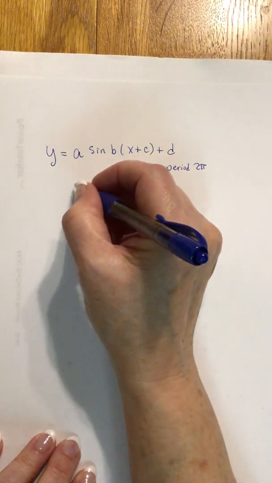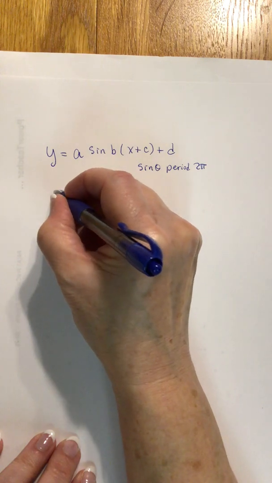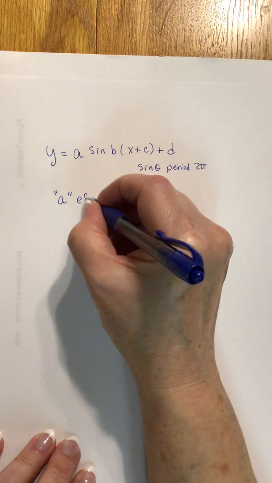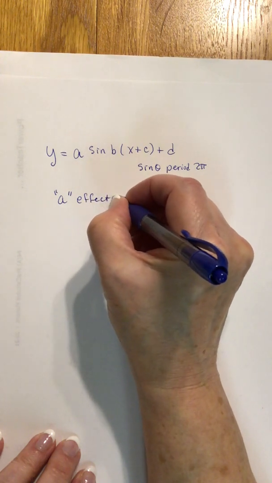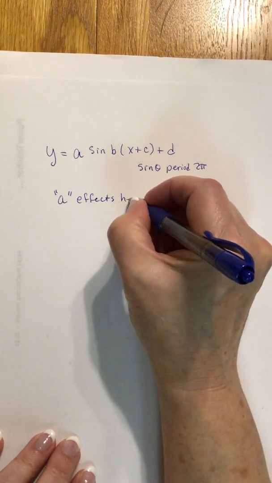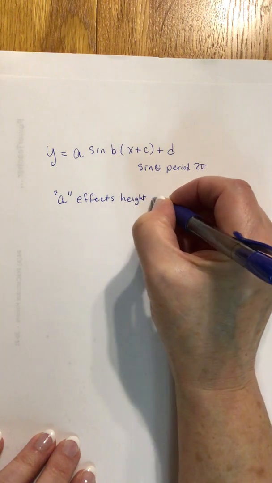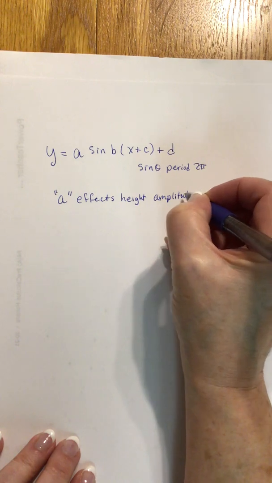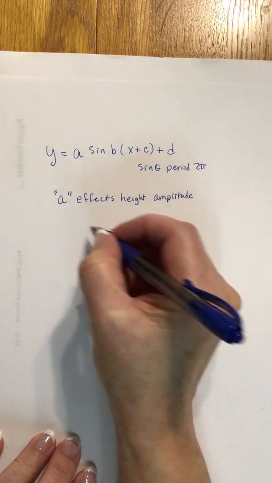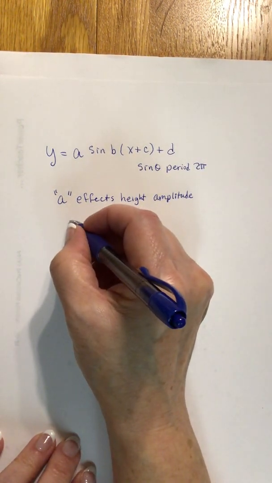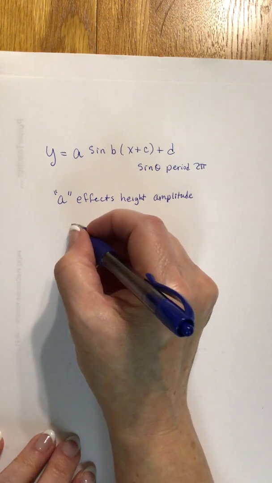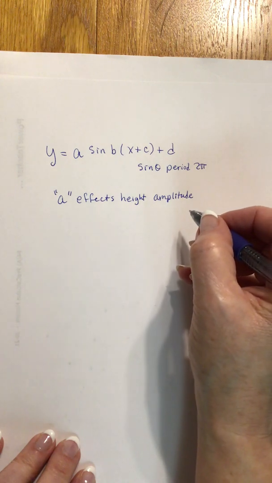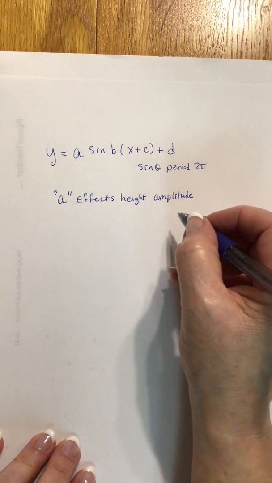So we're going to start out with the a. This is the number that's out front. So the a affects the height, and this is called the amplitude. It also, whether it's a negative or a positive a, determines whether it reflects across the x-axis. So we sometimes say that we have an amplitude plus a flip.